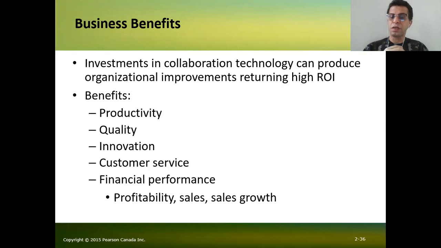So the benefit is more productivity, more quality, innovation happening, and better customer service because you're communicating with people who have more experience, who have done this job, or who are involved in these products. And eventually that will generate financial performance, more profitability, more sales, and sales growth.